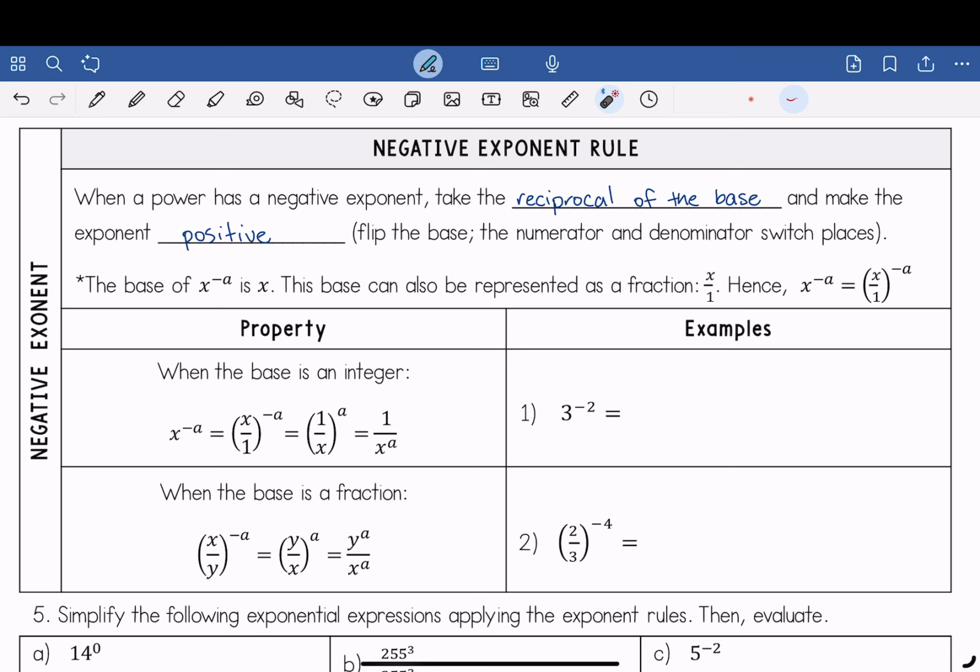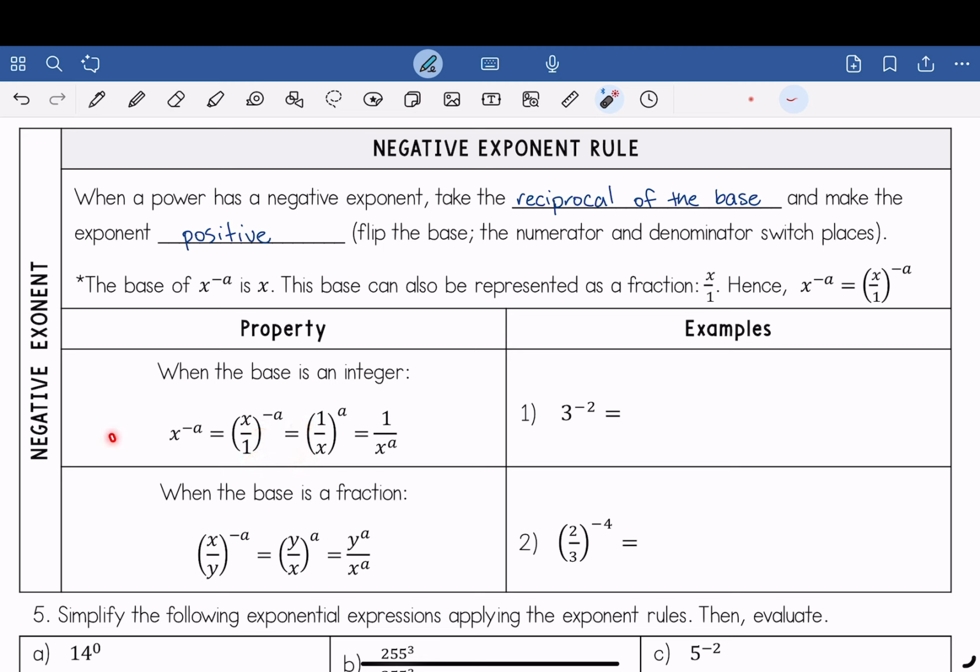Hence, x to the power of negative a is equal to x over 1 to the power of negative a. And this is important to know because when you have a number, an integer, a whole number, you understand that it turns into x over 1 to the power of negative a, so that when you are switching places, you know where the 1 comes from.